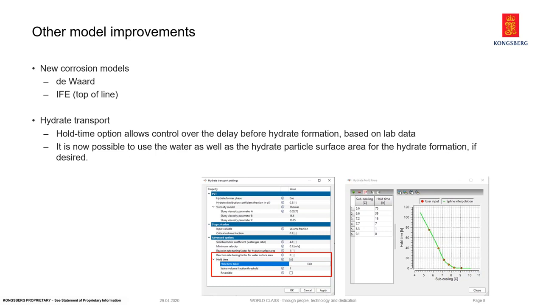And then LedaFlow will delay the formation of hydrates in the pipe using this experimental data. As you can see, there's quite a significant effect of different degrees of subcooling. So yeah, this is quite important for certain advanced users.